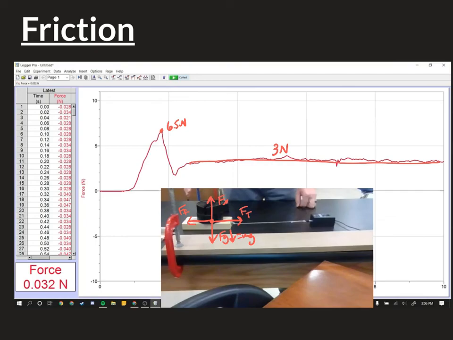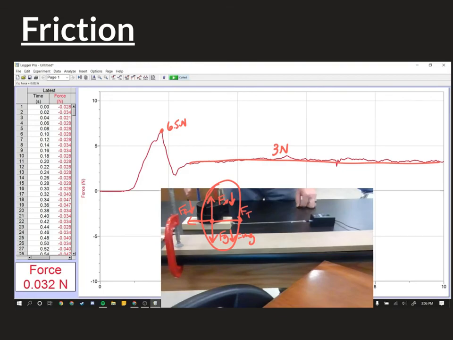What that also did was that decreased the normal force, because up has to equal down. This mass is not moving up or down, so those forces must be equal and opposite. So by decreasing the force of gravity, I decrease the normal force, and so something about this decrease made the friction force decrease as well.